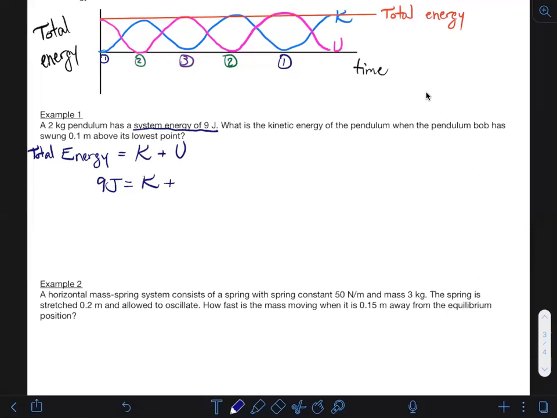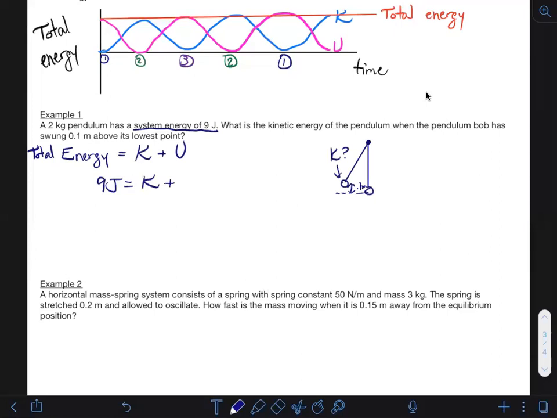Now, the other thing I know is that we are interested in the moment in time when our pendulum bob is 0.1 meters above its lowest point, right? So I'm interested in how much kinetic energy I have when I'm right there.